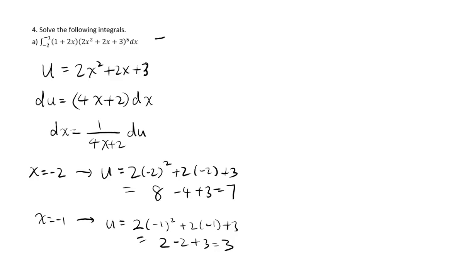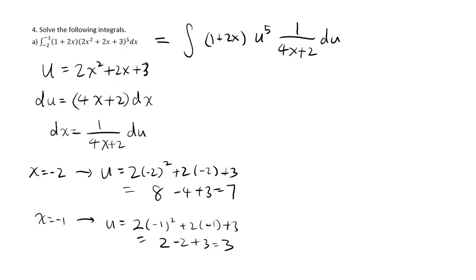That means this integral is now equal to 1 plus 2x, and I don't know what to do with that yet. I know that 2x squared plus 2x plus 3, that is u. So I have u to the 5th power. And then your dx is now 1 over 4x plus 2 du.